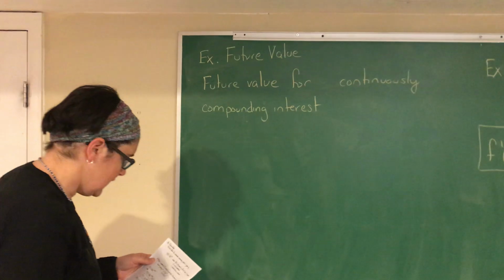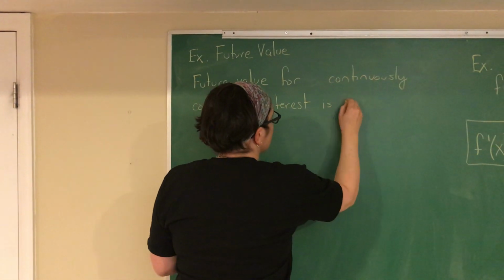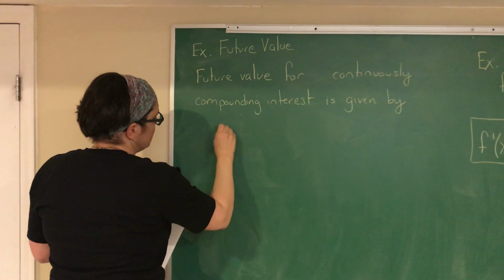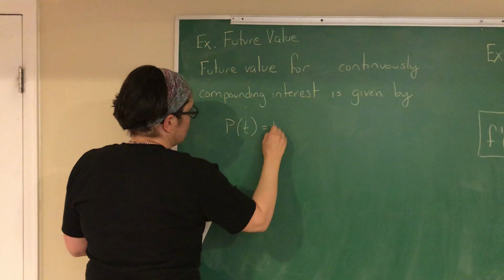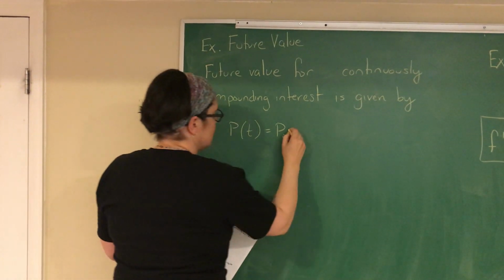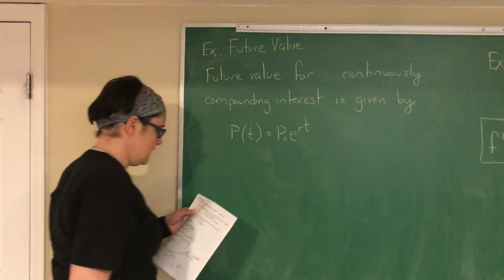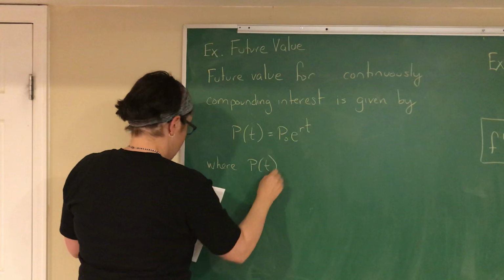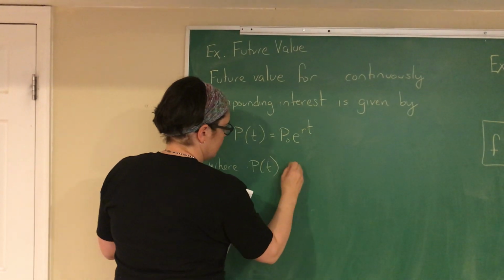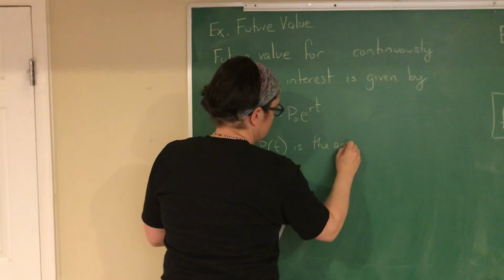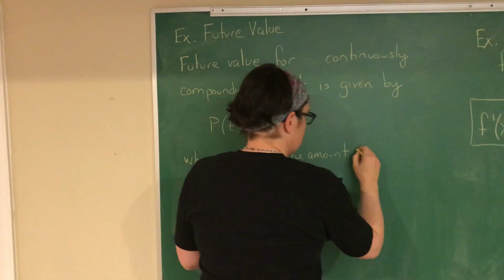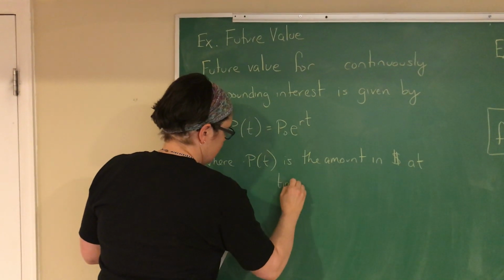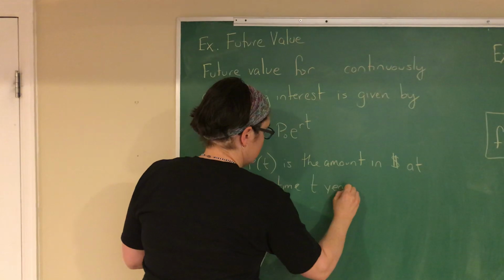Future value for continuously compounding interest is given by the formula P of t is equal to P naught e to the RT, where P of t is the amount in dollars at time t years.